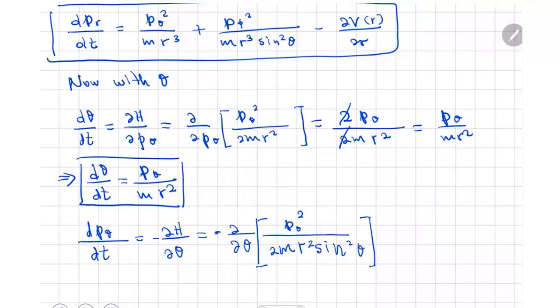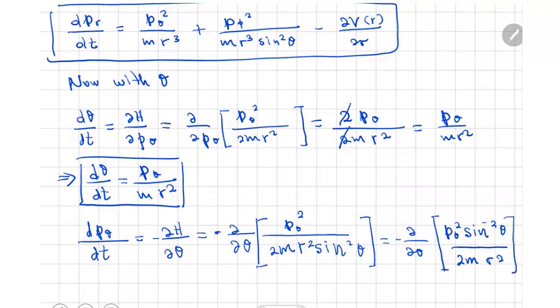Okay, guys, what I'm gonna do is write sine squared on top, and change the sign of the power. So we're gonna get the derivative with respect to theta equal to p theta squared sine to the minus square of theta dividing 2m r squared.